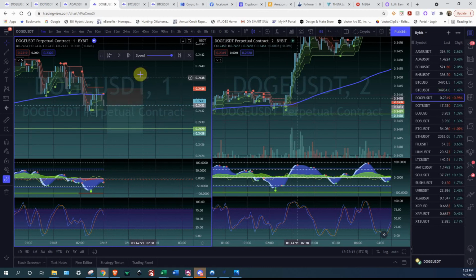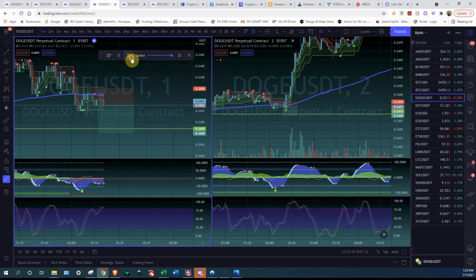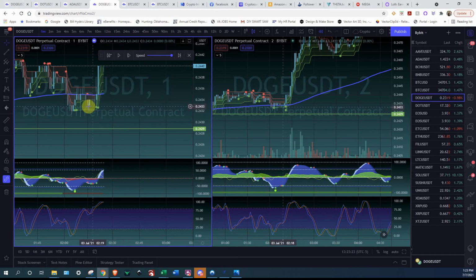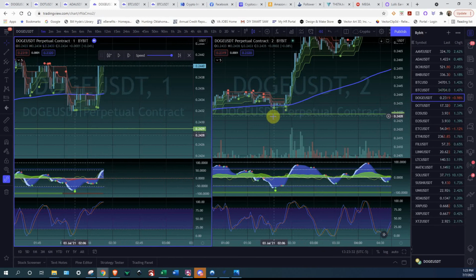So anyway, let's play this out with the first original strategy, okay, and see what happens. That was a losing trade. So what I did was I have incorporated the 2 minute window to help identify good or bad trades, right?